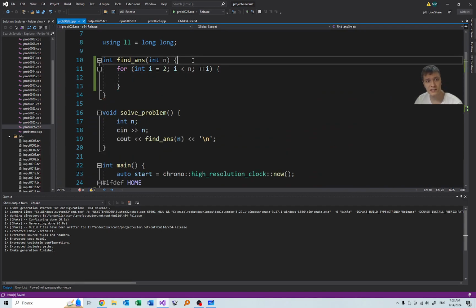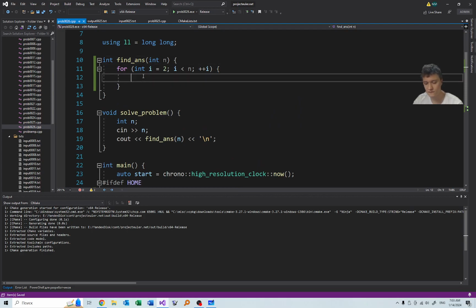We want to find the length of the cycle. So first of all, if i is divisible by 2 or it is divisible by 5, we continue.